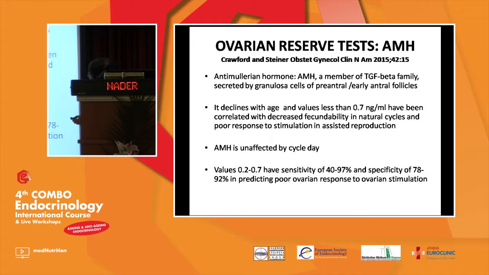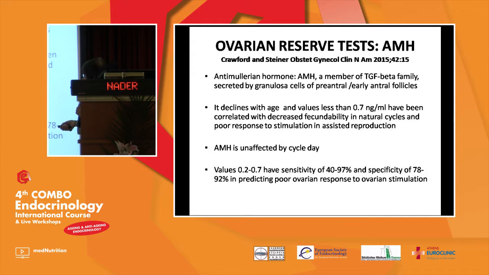It declines with age, and generally speaking, values of less than 0.7 nanograms per ml have been correlated with decreased fecundability in natural cycles and poor response to stimulation in assisted reproduction. One of the important things about AMH is it's unaffected by cycle day. You don't have to do it on day 3 of the cycle as you do with FSH. You can do it at any time of the cycle.